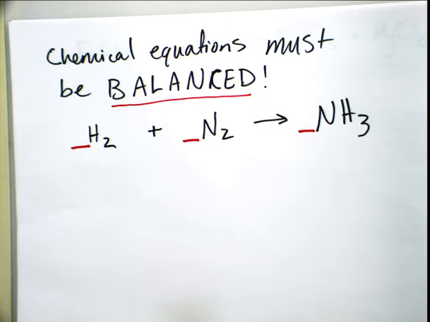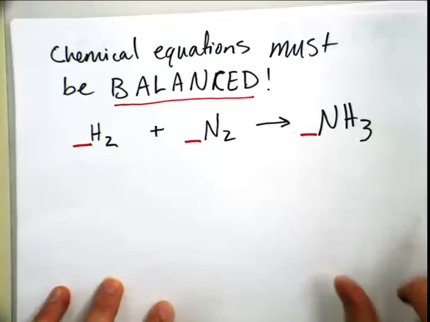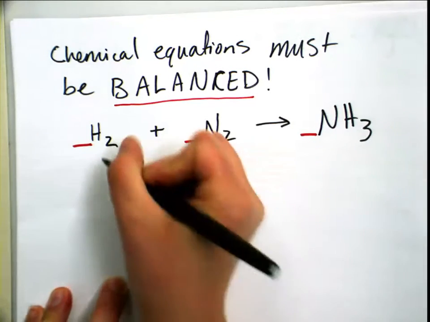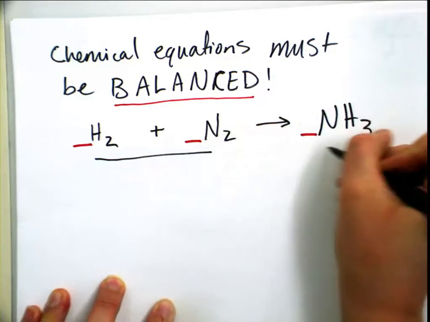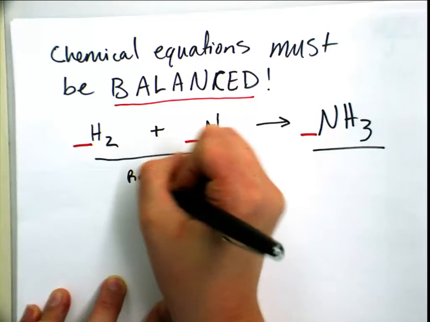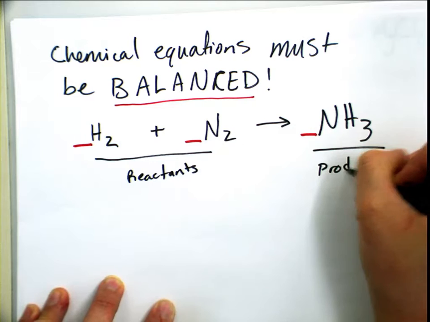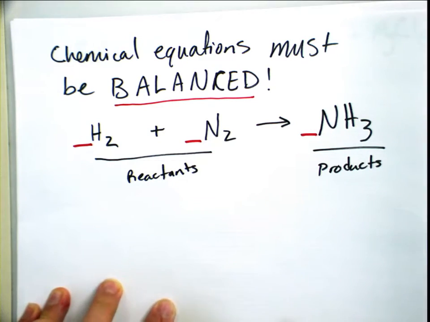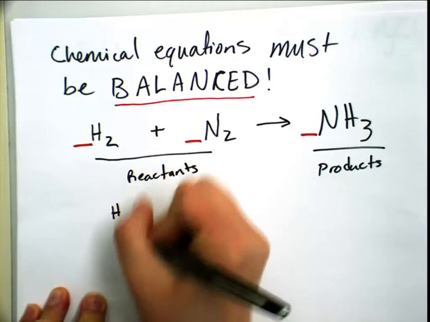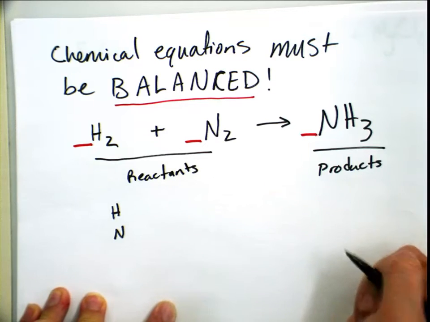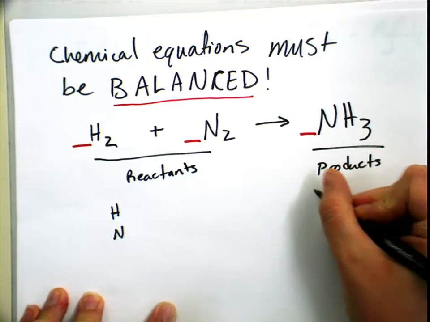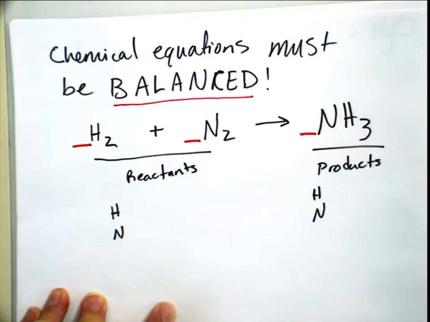The first thing I like to do when I balance a chemical equation is to tally up my initial number of each atom on both the reactants and the product side. On the reactant side, we have hydrogen and nitrogen, and we should have those same two elements on the product side as well.